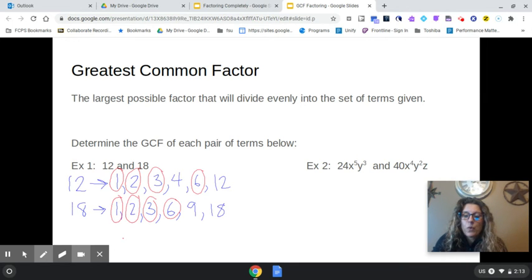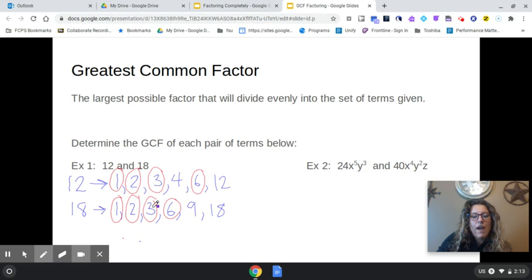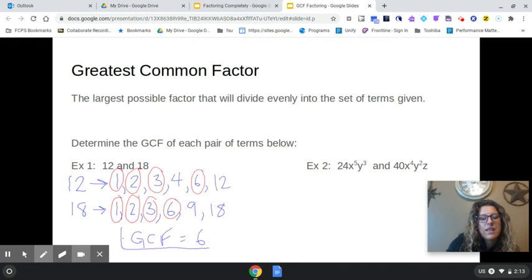Now, in order for it to be the greatest common factor, it has to be the largest of the commons. We have 4 common factors, but 6 is the greatest. So our GCF between 12 and 18 would be 6.